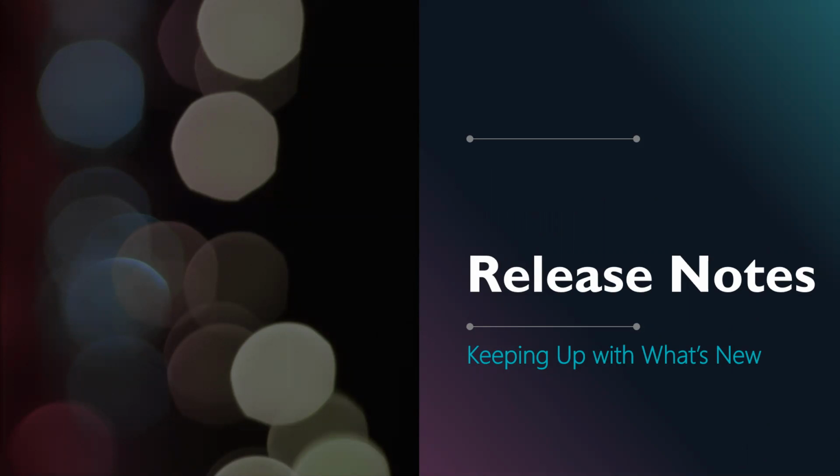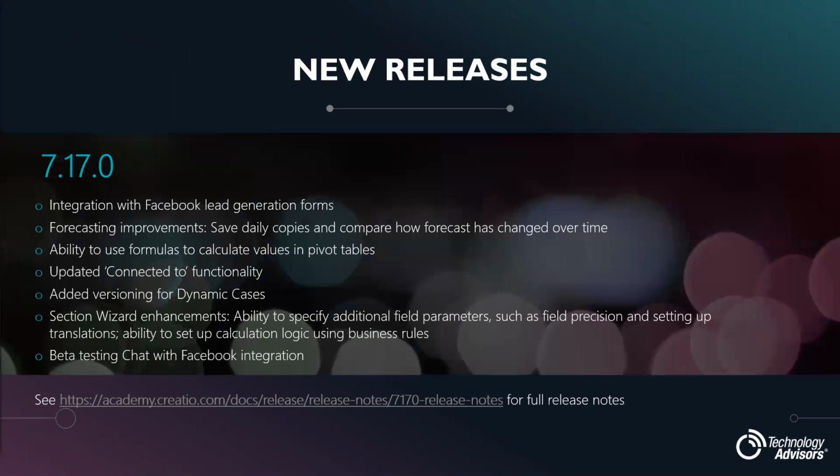As always, we're going to go ahead and talk a little bit about what's new in Creatio, and then Deneen will wrap up for us. All right, for new releases, the newest version of Creatio is 7.17.0. We have integration with Facebook lead generation forms. There's some forecasting improvements, such as saving daily copies and comparing how the forecast has changed over time.